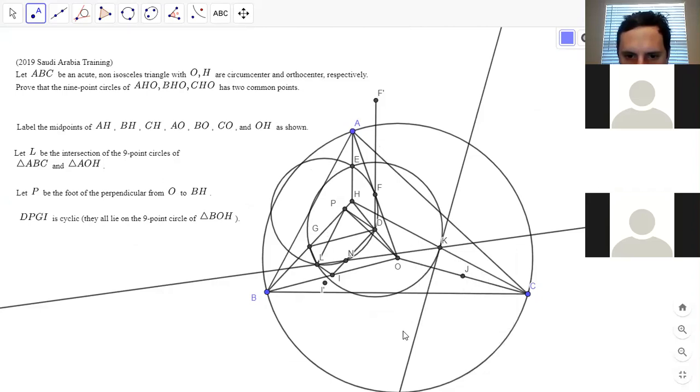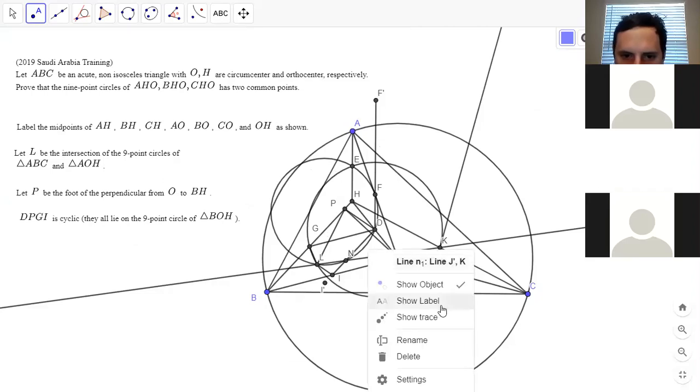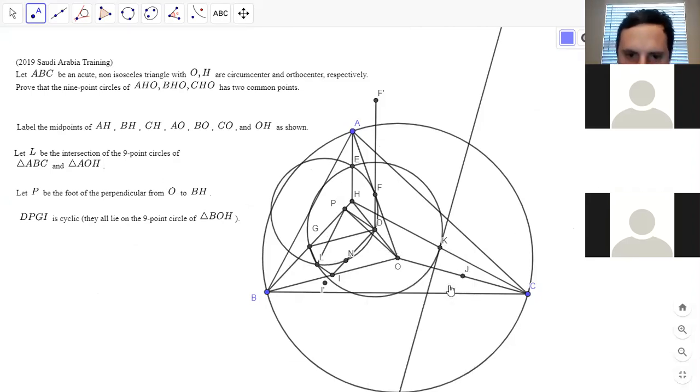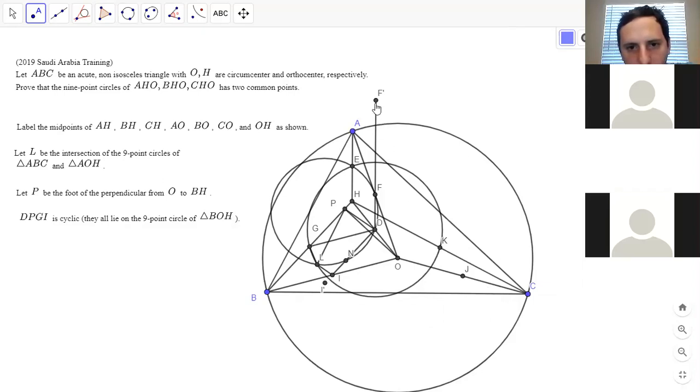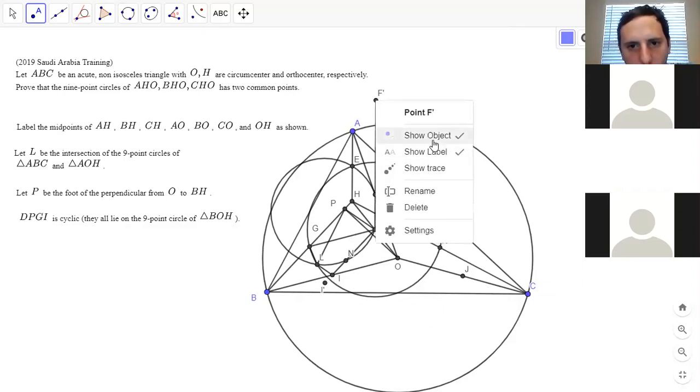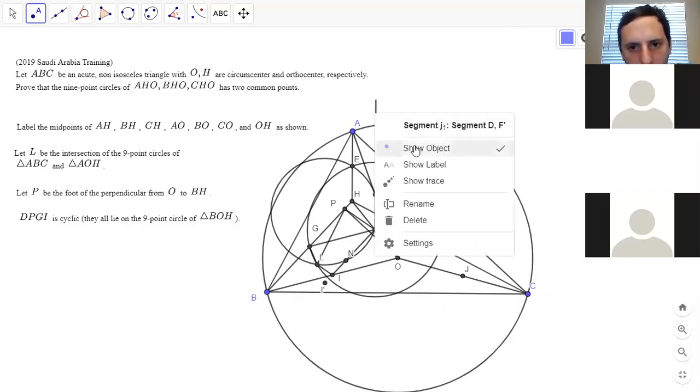What if we let ID intersect the circle DEF at point N, and then we want to show that L, N, and K are collinear. I think that would solve it, because I think we could then use an angle chase.